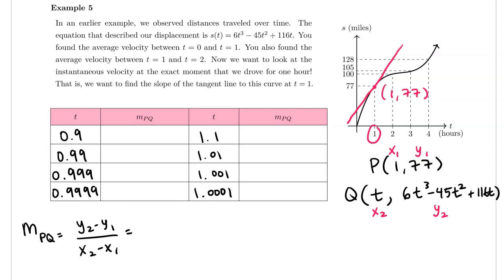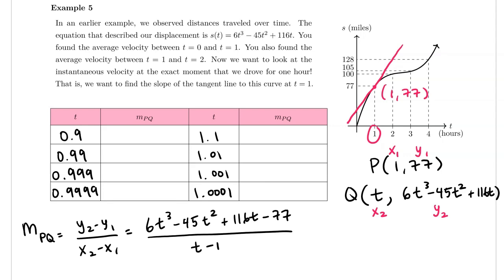The y2 value is this cubic polynomial, 6t cubed minus 45t squared plus 116t, minus 77, all over t minus 1. So now I can plug this into the table feature of my graphing calculator to get these values here. I'm going to do that really quickly.